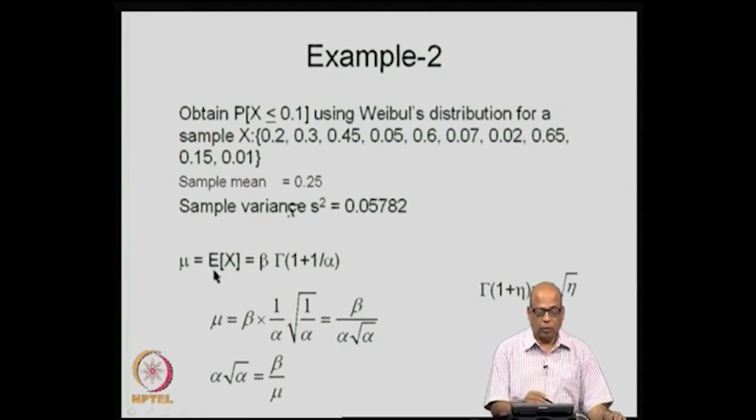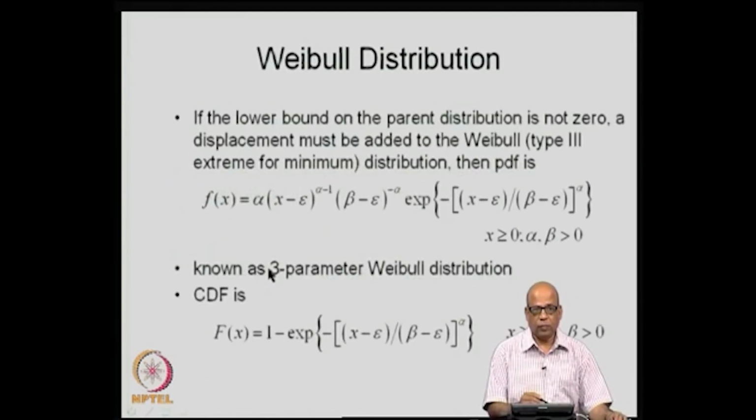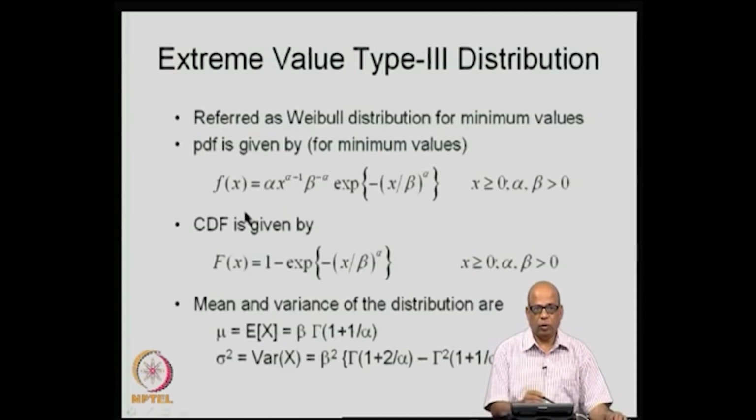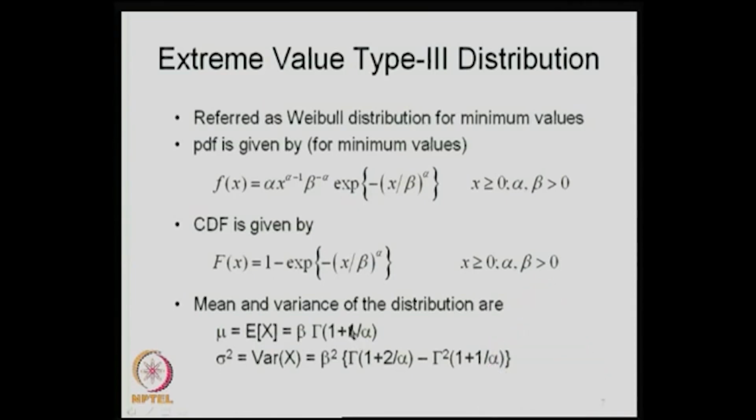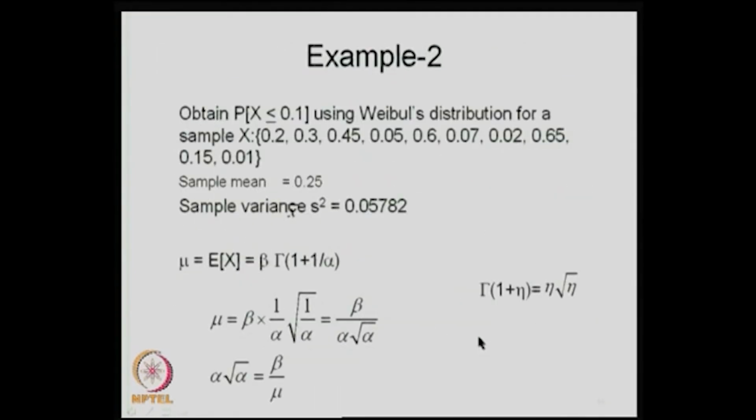As given earlier for the two parameter Weibull distribution, the mean is given by beta into gamma function of 1 plus 1 by alpha, and the variance sigma square is equal to beta square into brackets, gamma function of 1 plus 2 by alpha minus gamma square of 1 plus 1 by alpha. These are the expressions that we use to obtain the two conditions.